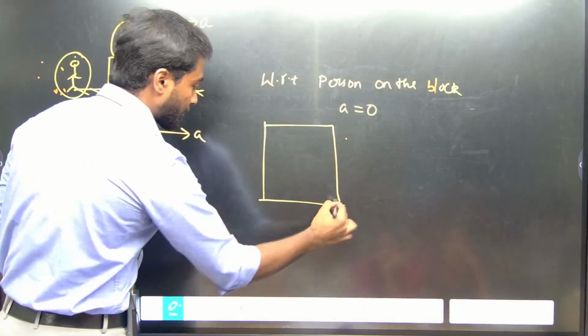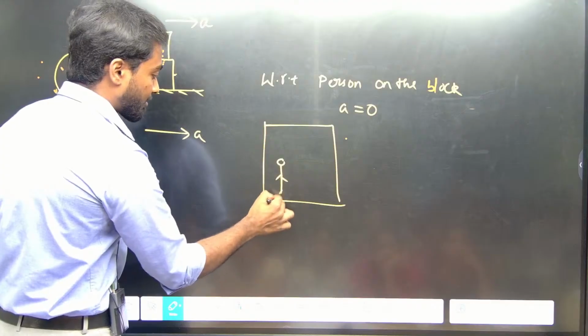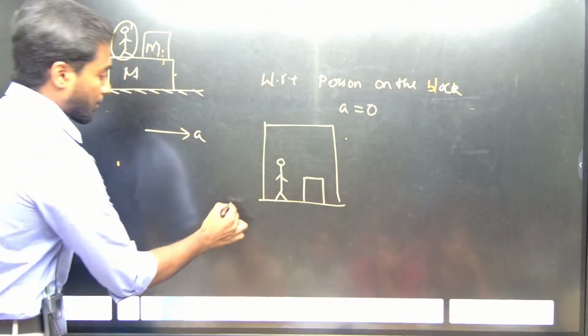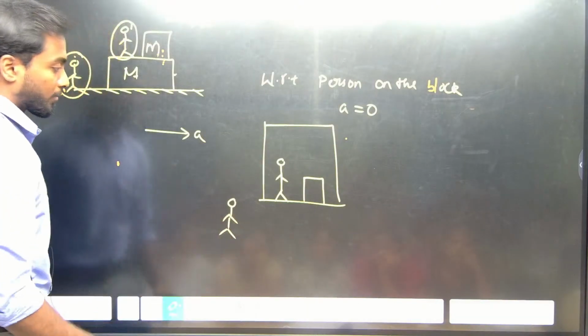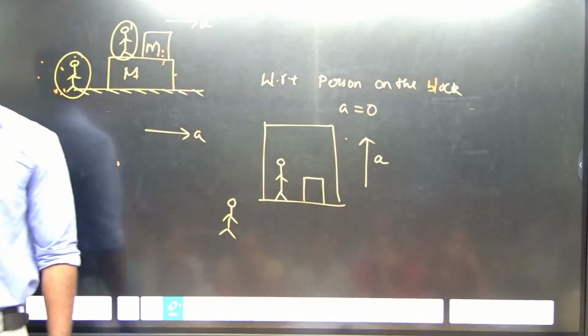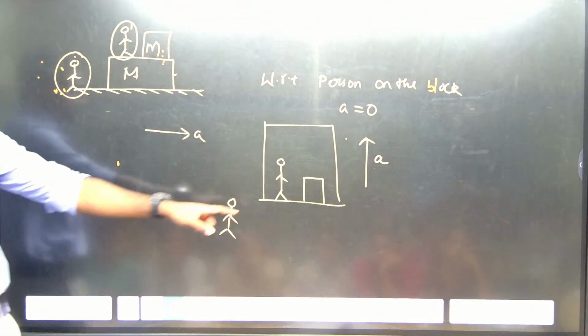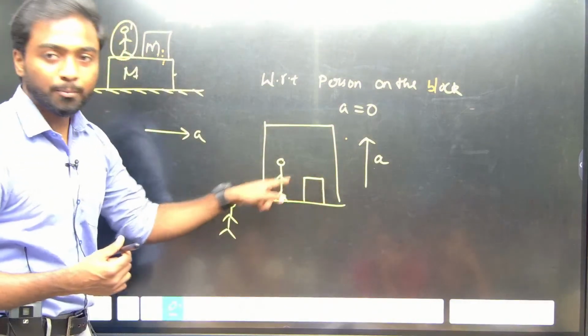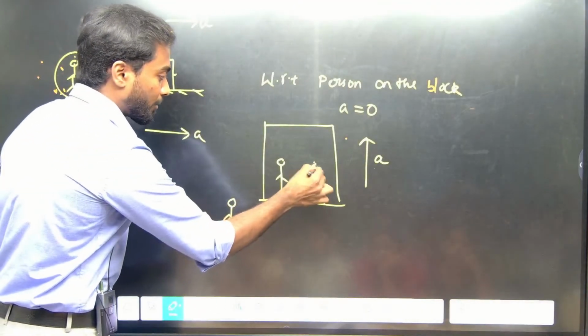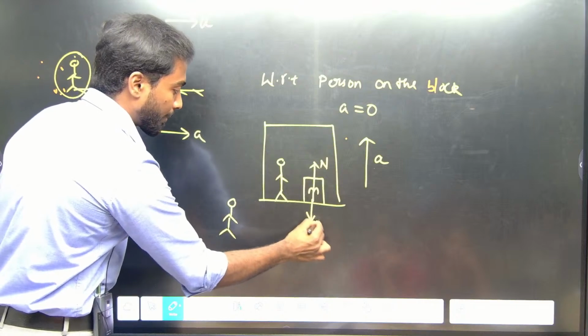Same thing I will talk. There is a lift. A person is standing inside the lift. A block is there. A person is standing outside the lift and watching. This lift is going with acceleration a. So can I draw the free body diagram for this block? Let me take this block as m. So it will be normal force, and this one will be mg.